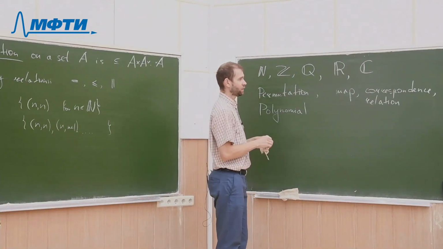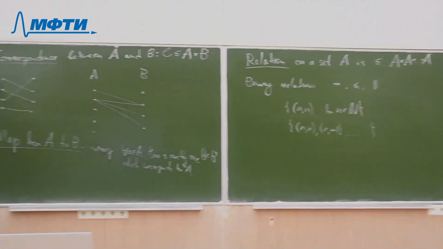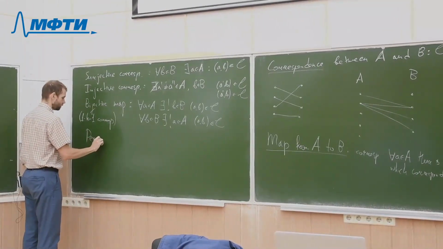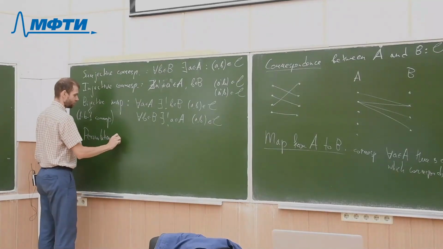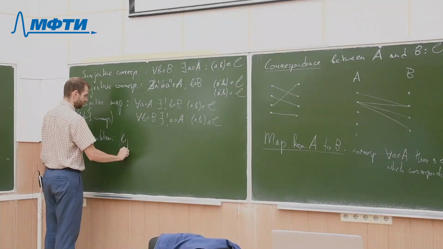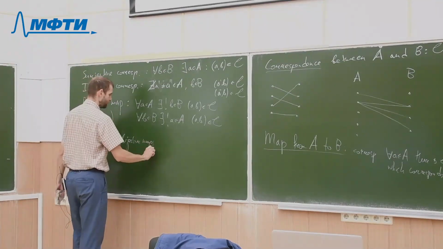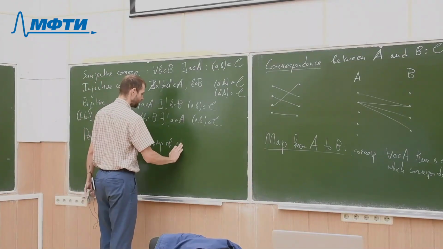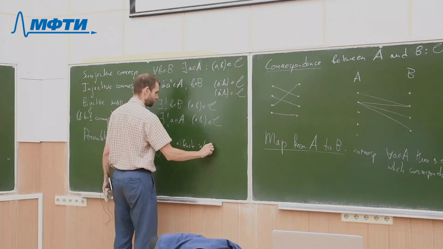If we take an arbitrary finite set, let me write down the definition. A permutation is a one-to-one correspondence, or a bijective mapping, of a finite set onto itself.